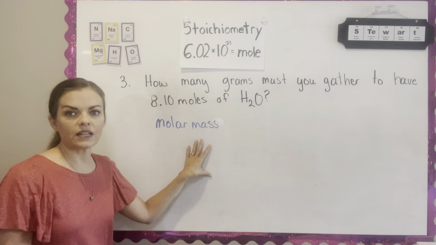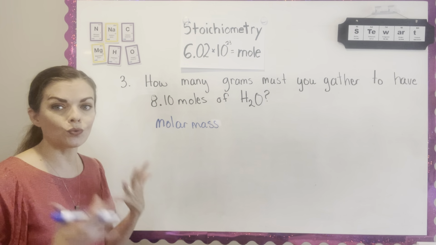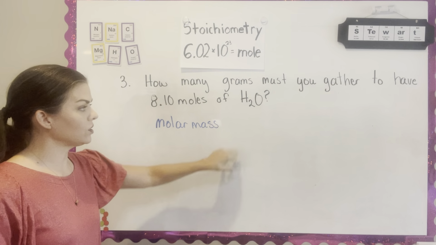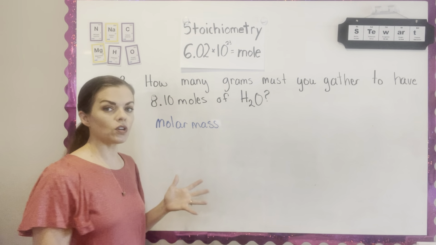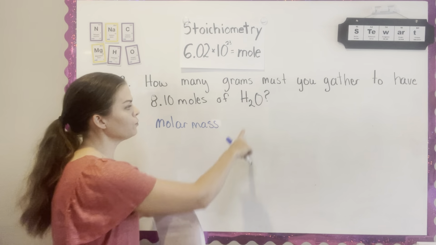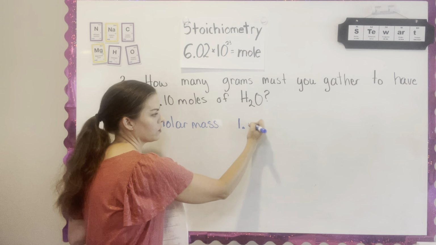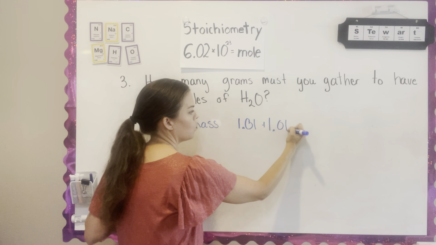The molar mass is the amount of grams it takes to make a mole. So it's like how many grams 1 mole of water makes. And so we're going to calculate it for water. To calculate a molar mass, you're going to take each of the components and add them together. For water, we have 2 hydrogens, and if you look on your periodic table, a mole of hydrogen is 1.01 grams.